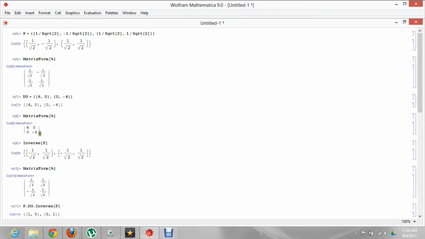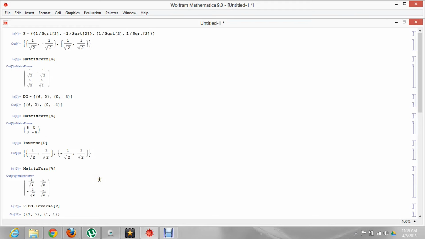Also here, notice that if I calculate the inverse of P, we get this matrix down here, which is exactly the transpose of the matrix P. This is something that should be true for any orthogonal matrix, that is, a matrix with orthogonal columns that are unit vectors, and we find that it's actually true in this case, which is good because it's got to be true in every case.